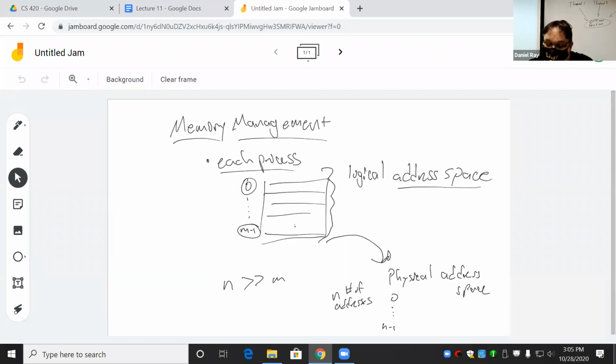So all the address references that are inside this logical address space are going to have to be updated in some fashion to now represent the truth on the ground, the physical address space, about where those instructions and data are actually stored when they get loaded into physical memory, okay?